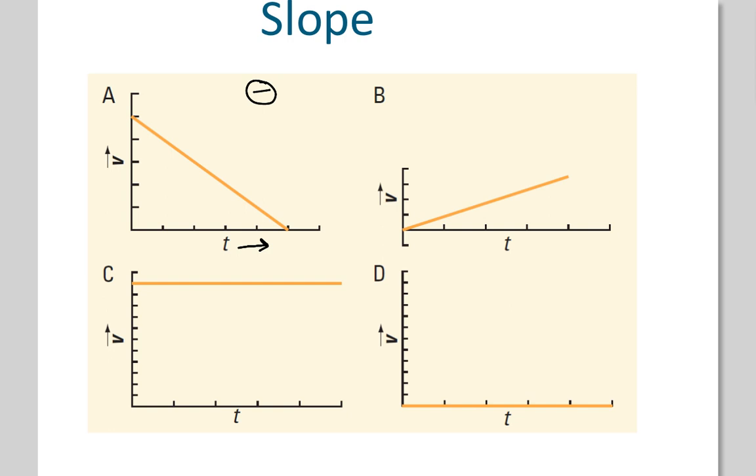So as time goes on, it's losing value. So we say that has negative slope. Contrast that with B, which has positive slope. As time goes on, you can see that variable is increasing. What about C? It's got a constant value, so the slope is 0. Okay?